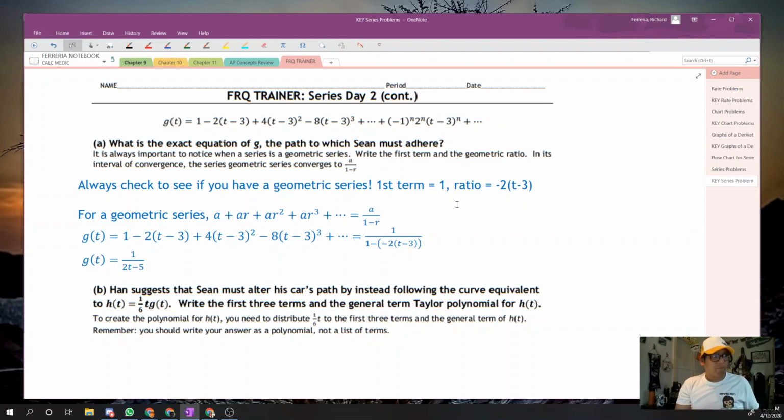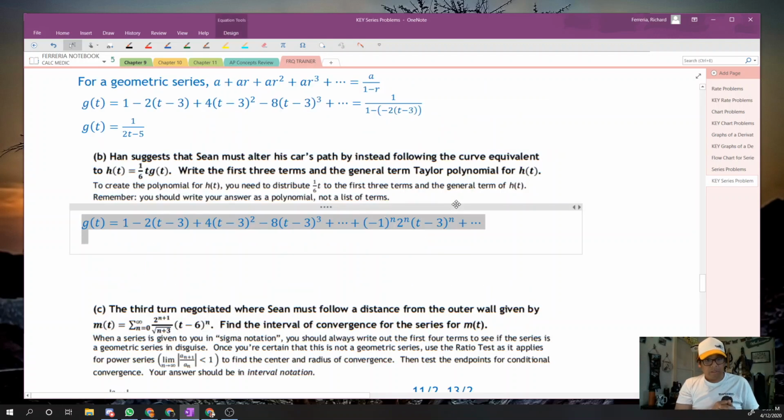Okay, let's go on to letter B. Hans suggests that we have to follow this new function 1/6 t g(t). So we're going to start off by writing the series for g(t). Here's that series for g(t). And then to gently turn this into the series for h(t), we're just going to multiply each term by 1/6 t.